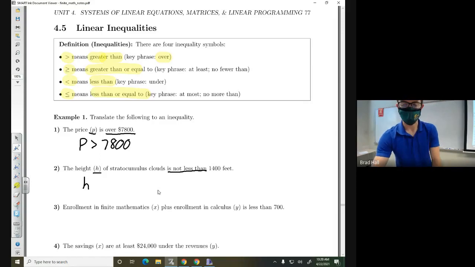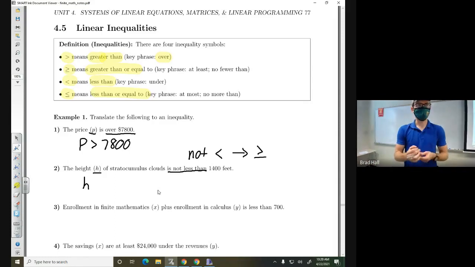Well, if it's not less than, what does that mean? Then it has to be the opposite of less than, which is greater than or equal to. That's the complete opposite of less than. So not less than means greater than or equal to 1,400 feet.